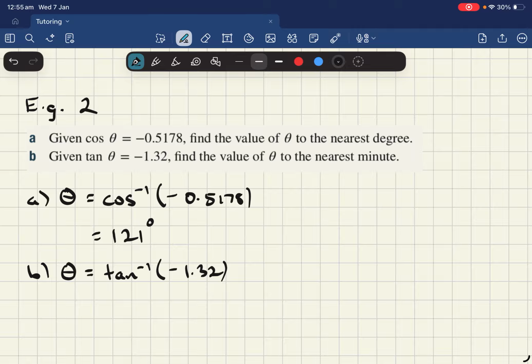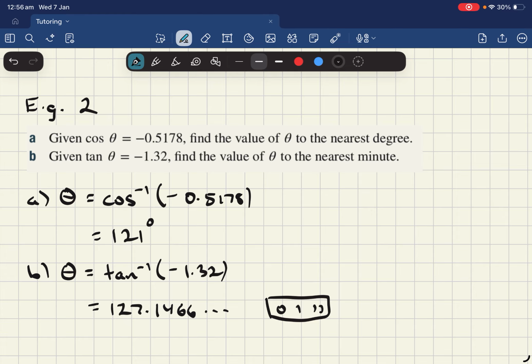Now, you put that in your calculator, and this will give you 127.1466, etc. Now, remember, your calculator, when you are finding an angle, it will always give you something in decimal places. From here, we have to press that button. So on our answer, once we get that, we press this button in our calculators.